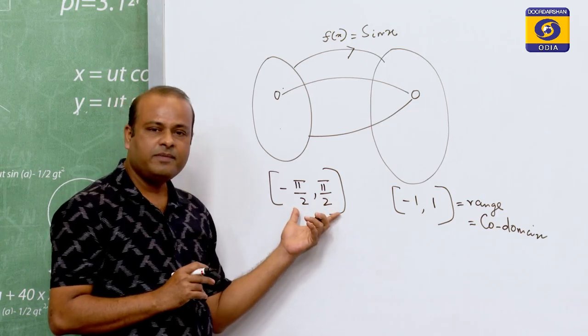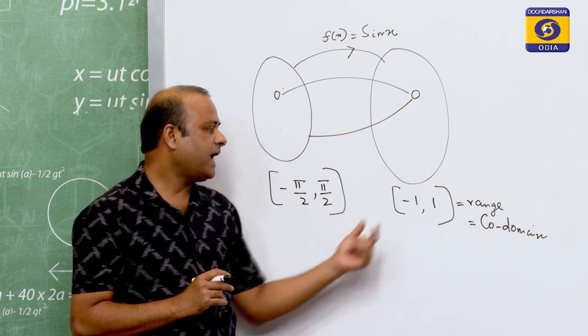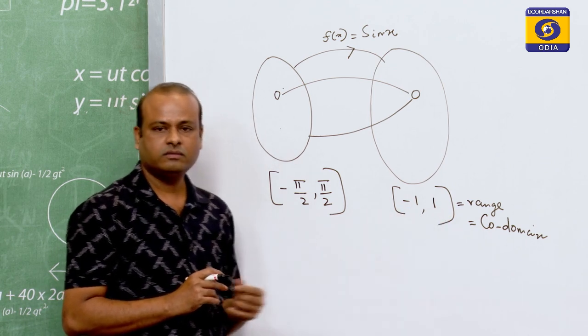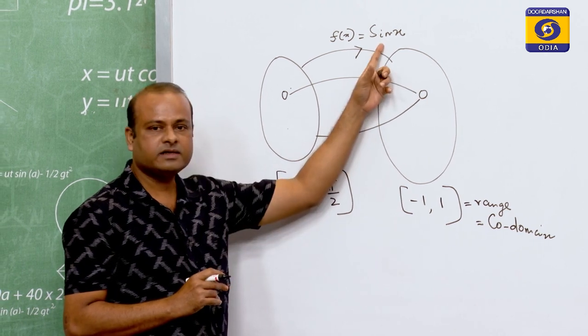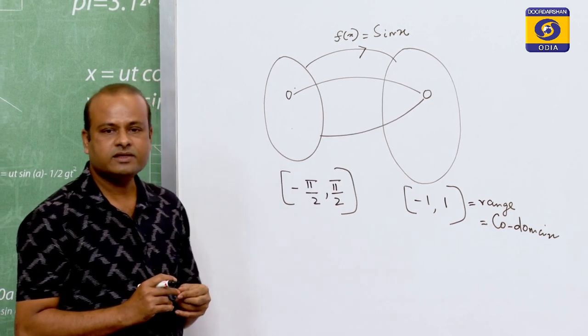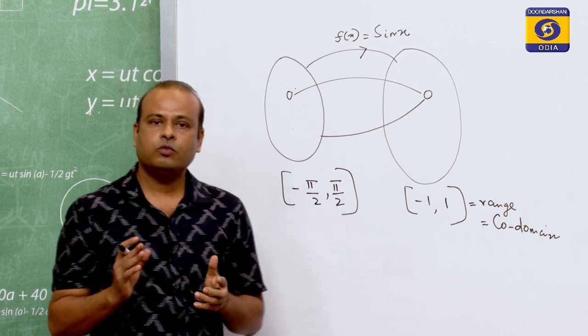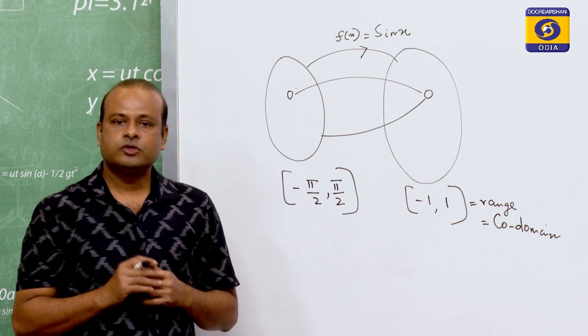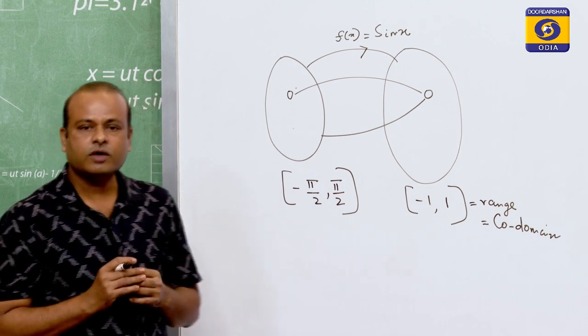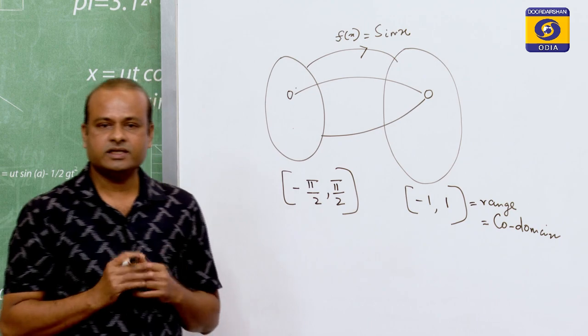If it is minus pi by 2 to pi by 2 and from minus 1 to 1, the function f(x) = sin x is both one-one as well as onto. So, the inverse of the function now exists.